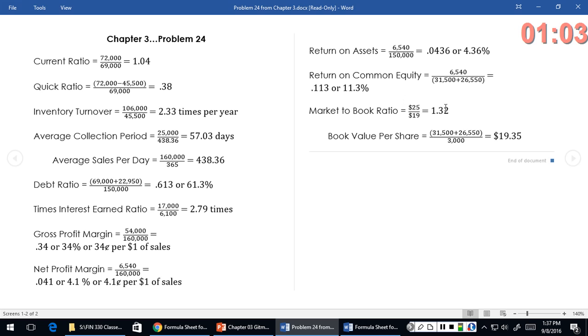Now, when this number starts getting down around 1, which means the market value is about the same as the book value, or even less than 1, let's say market to book value is 0.85, which means the market value is 85 cents compared to $1 of book value. At least theoretically, I could buy every share of stock in this company, sell off all of its assets, and make a profit.